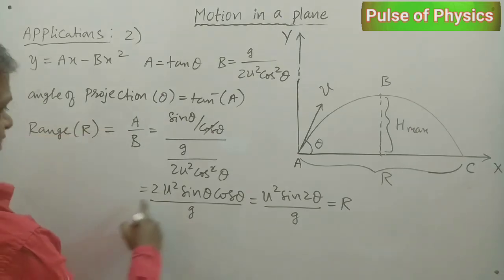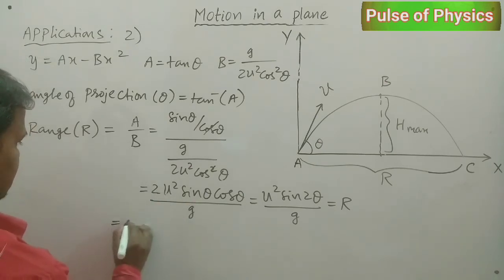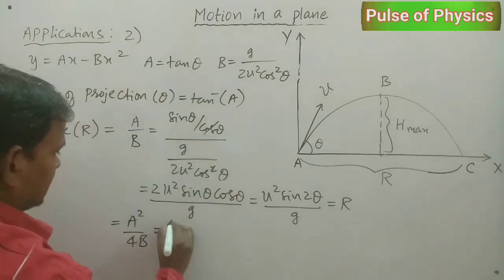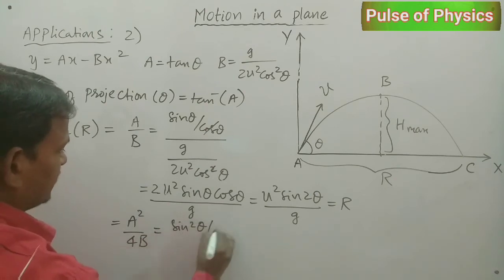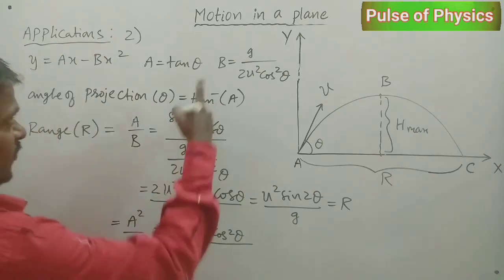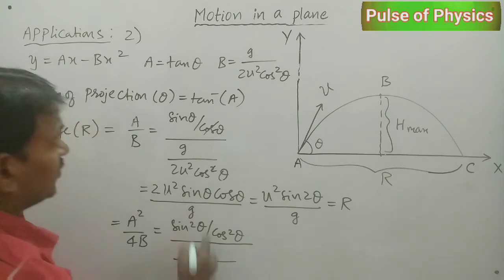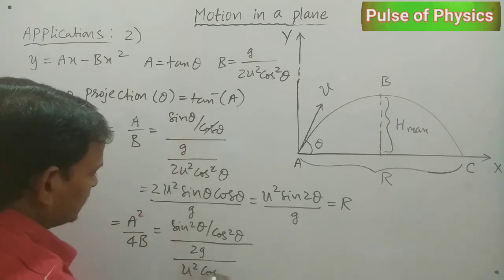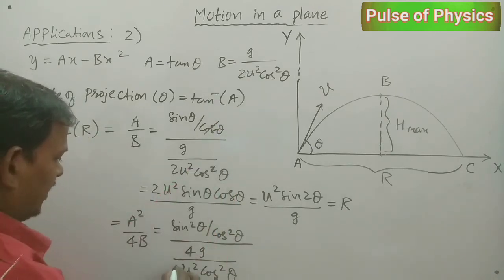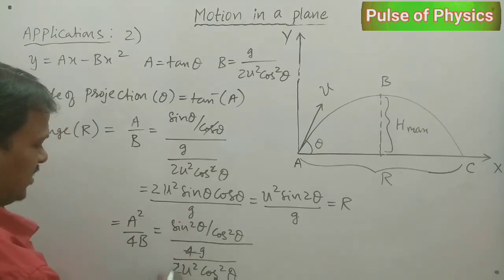Next, A square by 4B, what it gives we check. What is A square? Sin square theta by cos square theta by 4B. 4 into B, that is giving 2g by u square cos square theta. I am writing as it is, 4B. Okay? So here 2 ones are, 2 twos are.